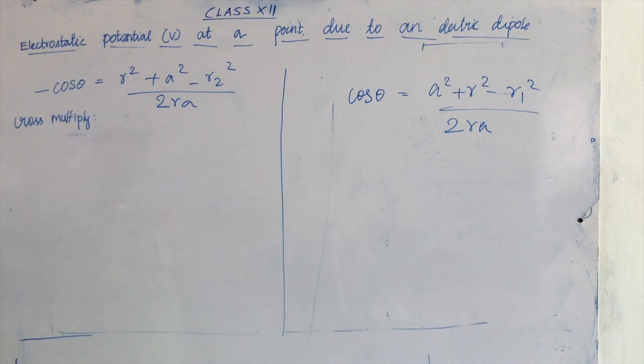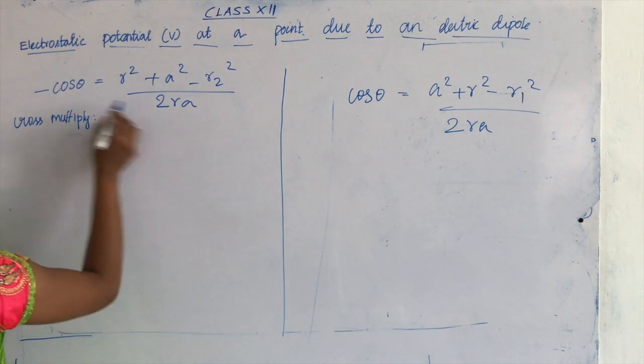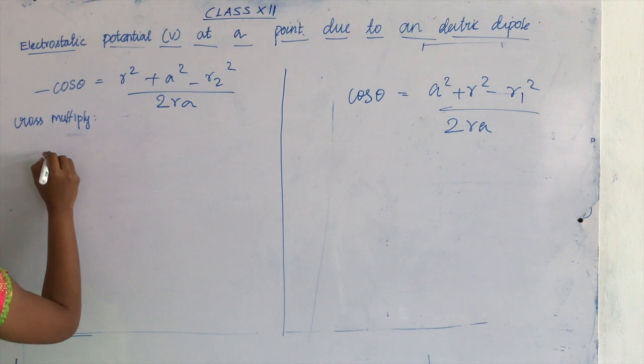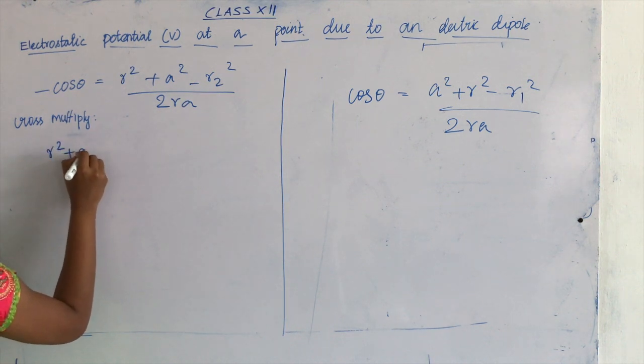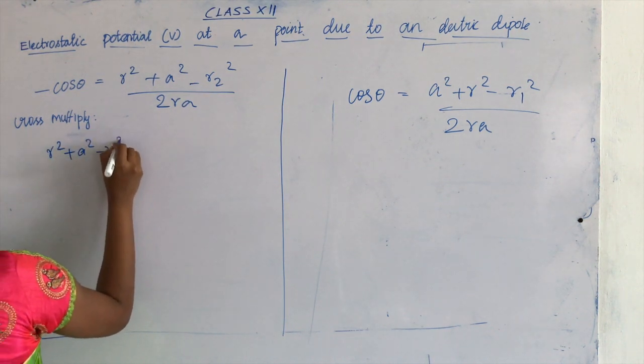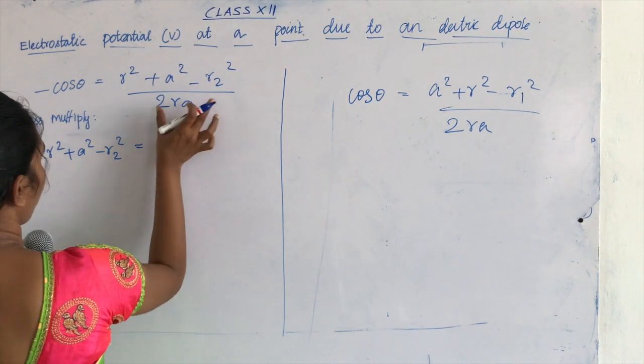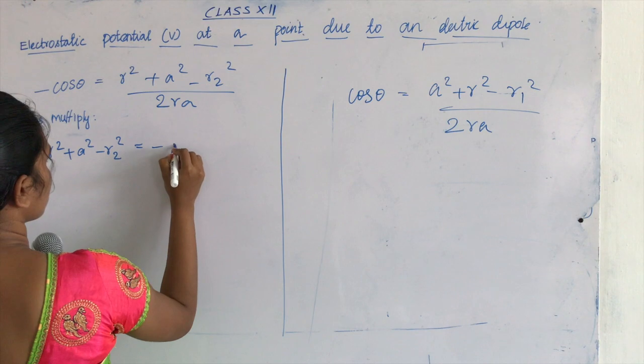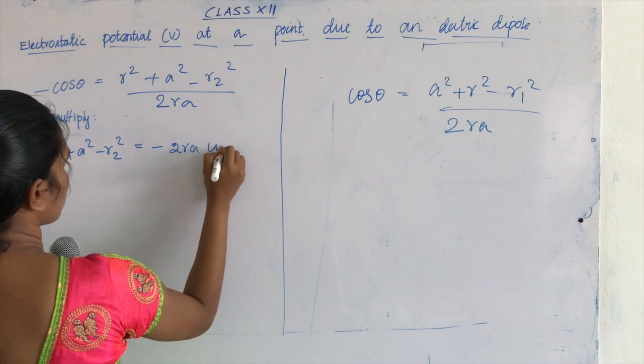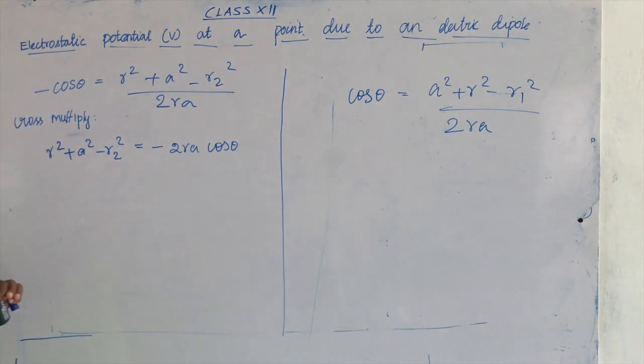Now you are going to cross multiply it. R square plus A square minus R2 square equal to minus 2RA cos theta.